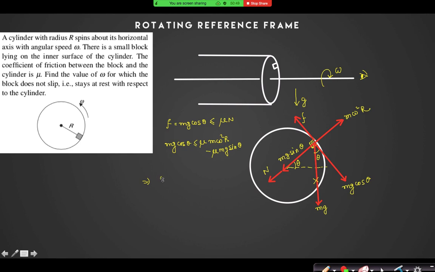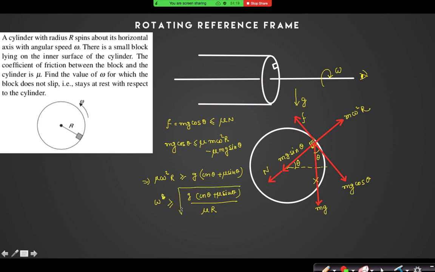So mu omega square r should be greater than or equal to g into cos theta plus mu sine theta, right? So what is the omega square r? Greater than or equal to g into cos theta plus mu sine theta divided by mu into r. Now omega is greater than or equal to this one.